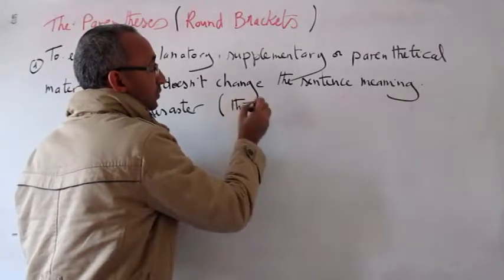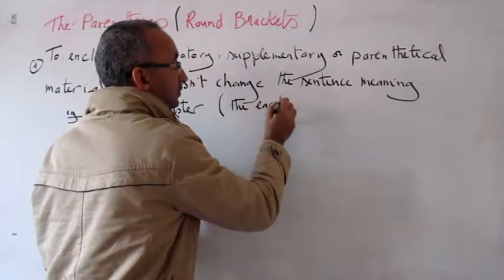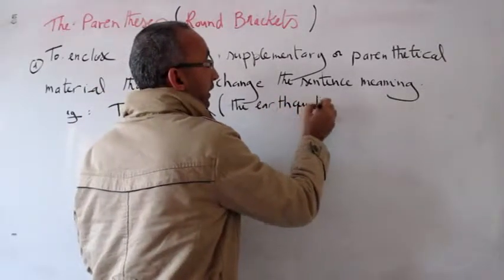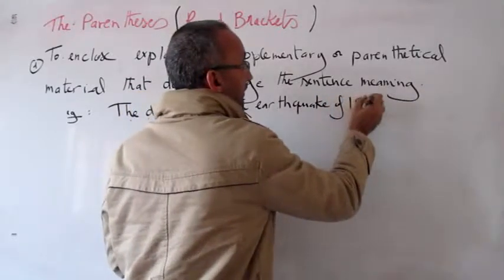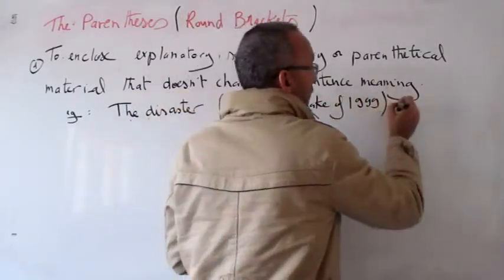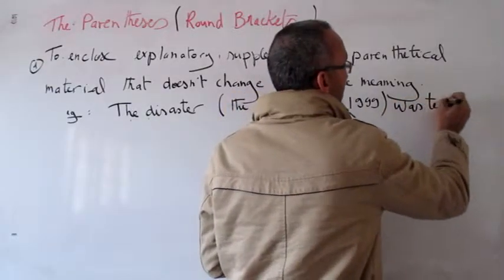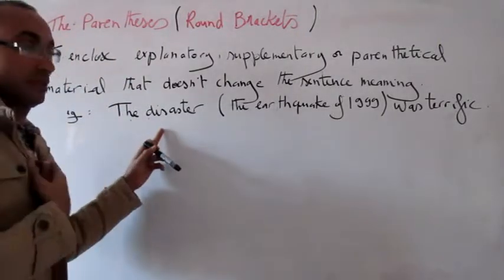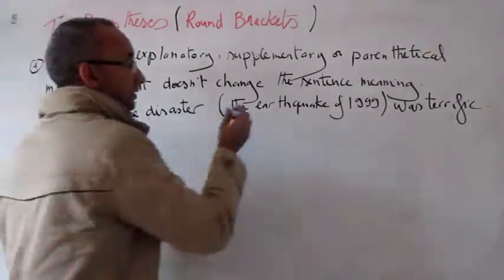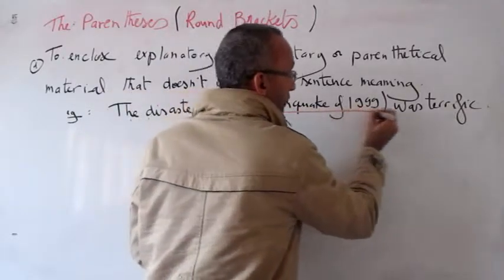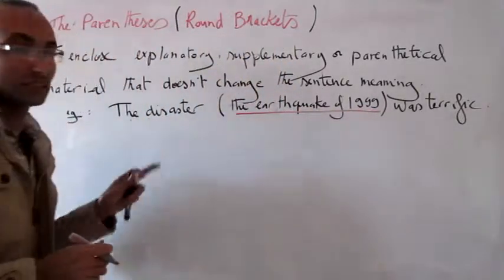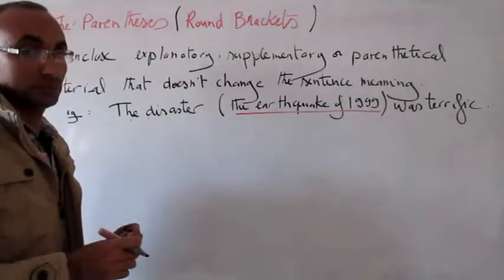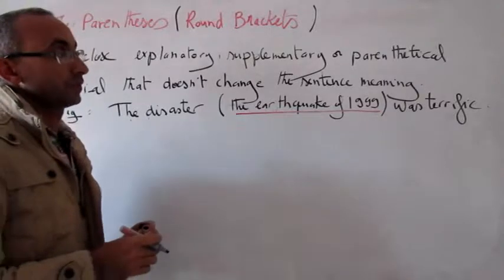Example, the disaster (I mean the earthquake of 1999) was terrific. Now here, I have added this supplementary explanatory material for the sake of clarifying this disaster, or what disaster exactly I mean or refer to.